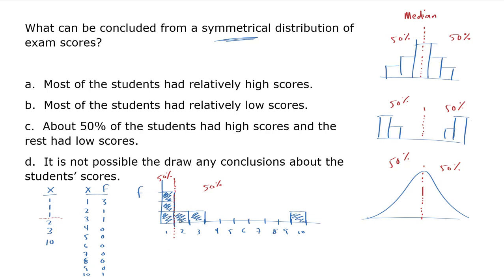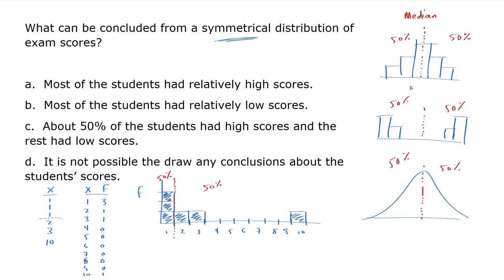Okay, so let's have a look at what this tells us. In every single one of these graphs, all of the symmetrical and the non-symmetrical one, 50% of the people got below the median and 50% of the people got above the median. That's true for all of them. That's what the median is. It always cuts things off 50-50.